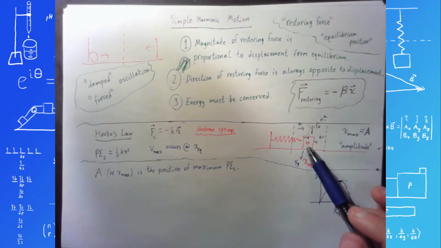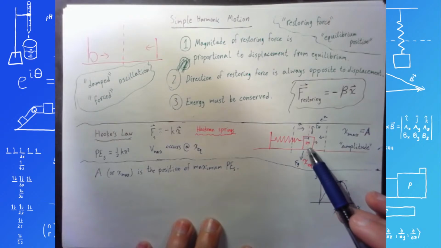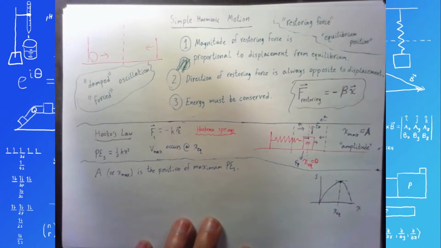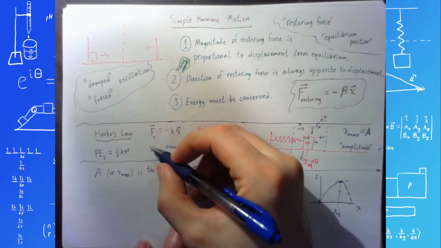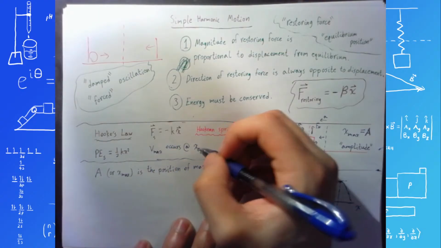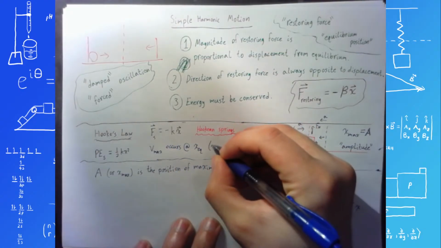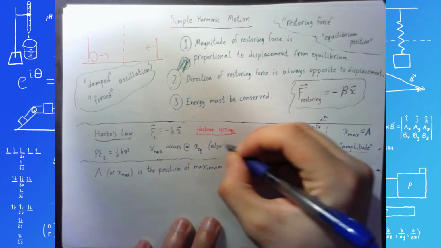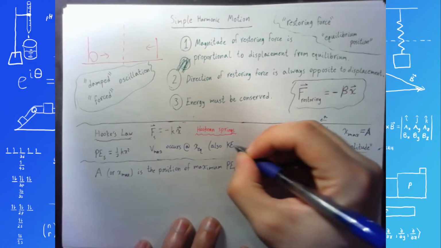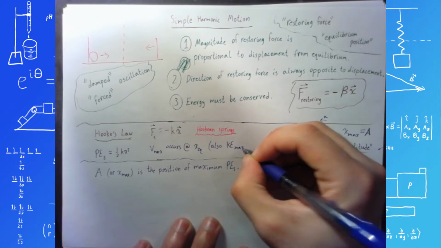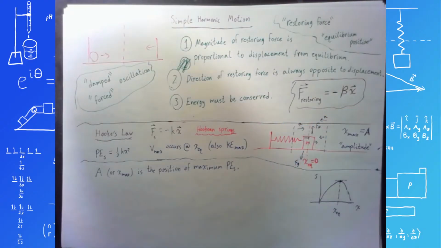And that would also mean then, if the speed is a maximum here, that the kinetic energy, which depends on speed, is also a maximum there. So Vmax occurs at the equilibrium position, but that's also where kinetic energy is a maximum.